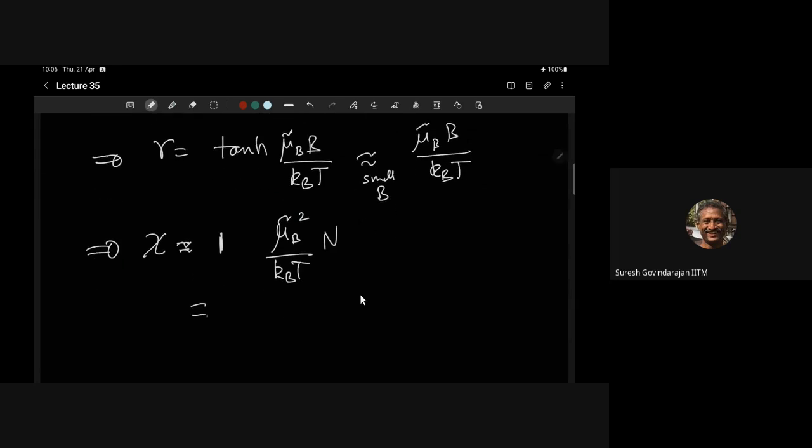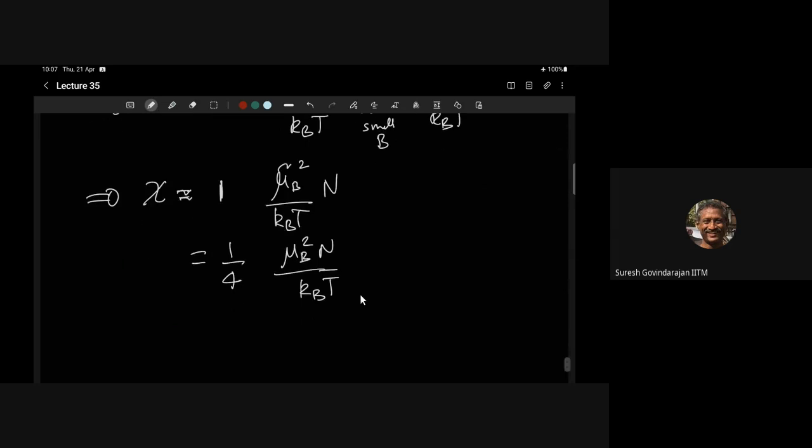So this will be equal to 1 by 4 mu B square n by k_B T. Okay, it's still positive, so this is paramagnetic. Okay. So chi total will be 1/4 minus 1/12.